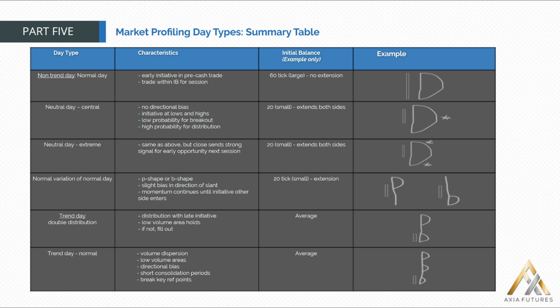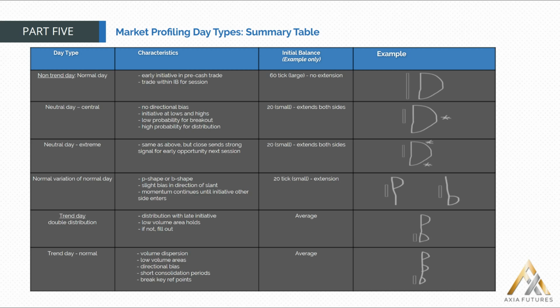As you can see, in a non-trend normal day, we have a very wide range, and we tend to remain within that range. In a neutral day, we have a relatively small initial range, and the market extends on both sides. In a neutral day extreme close, remember, we close on one of the extremes, giving us an early bias for the next day.